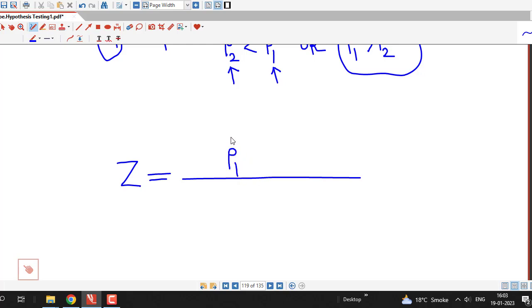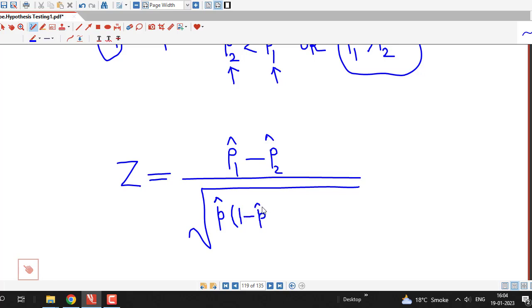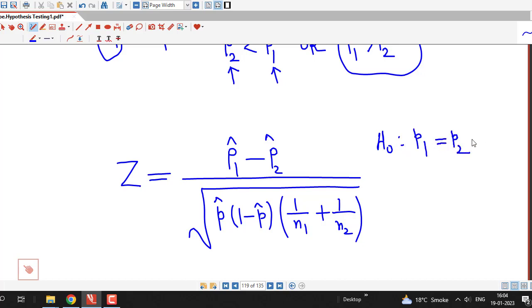For that we assume that the sampling distribution of the sample proportion for each sample is normal and the two samples are independent, and with those two assumptions we will use this test statistic, which is capital Z equal to P1 hat minus P2 hat divided by square root of P hat times 1 minus P hat times 1 over n1 plus 1 over n2. We assume that the null hypothesis is that these two population proportions are the same, and if this null hypothesis is true, then these two values are equal, and we don't have this value, it is unknown.